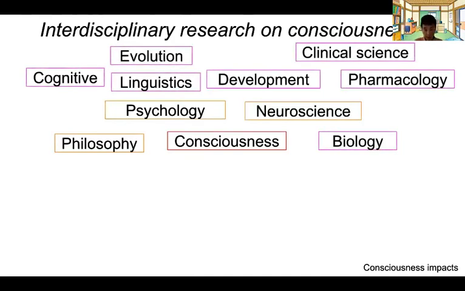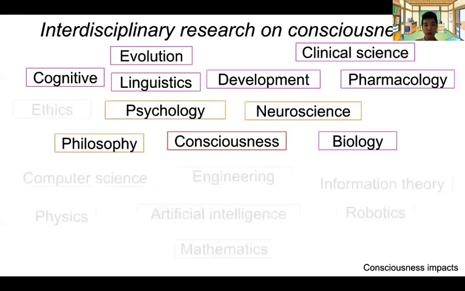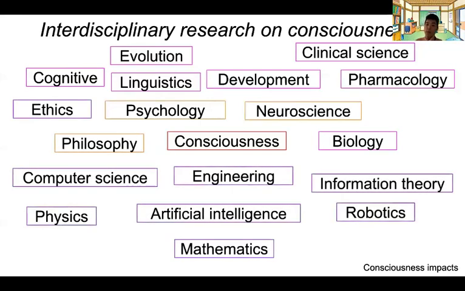But also through this interest in consciousness, I also learn and collaborate with people who are studying evolution, cognition, language development, pharmacology, clinical science, and biology, and also to make it applicable to engineering.